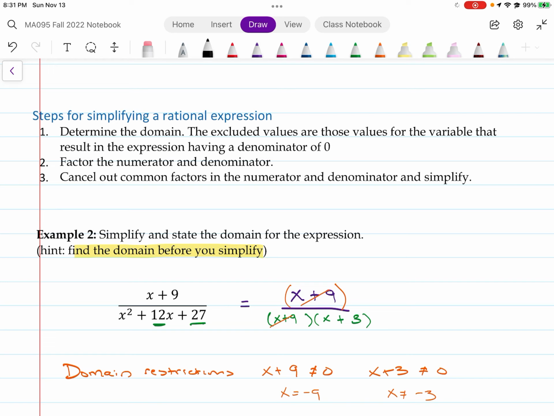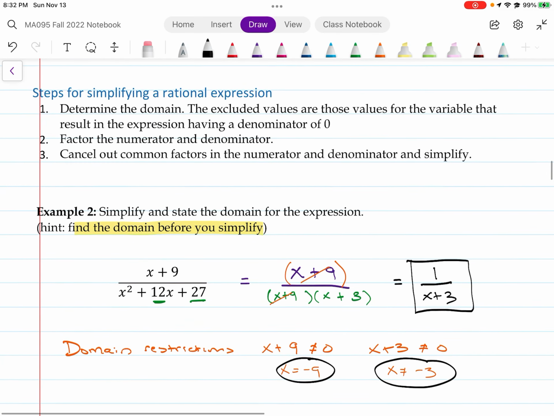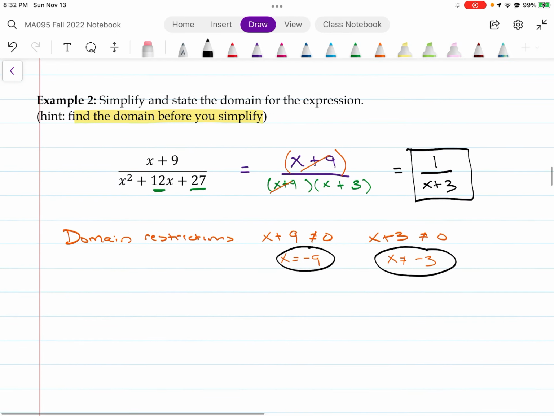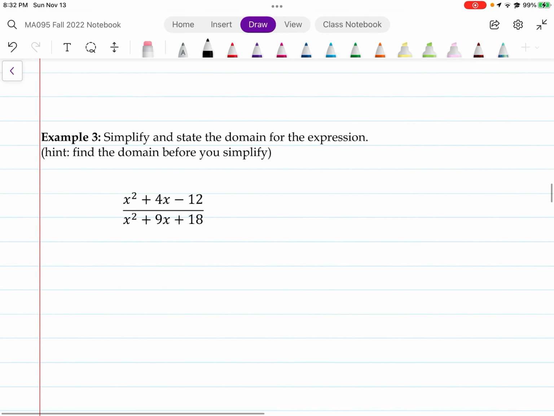So this equals 1 over x plus 3, where x can't equal negative 9 and x can't equal negative 3. If you factored first and got this, it would look like the only restriction is negative 3. You need to find the restrictions first. All right, give this one a try if you'd like, and then come back and see how you did.